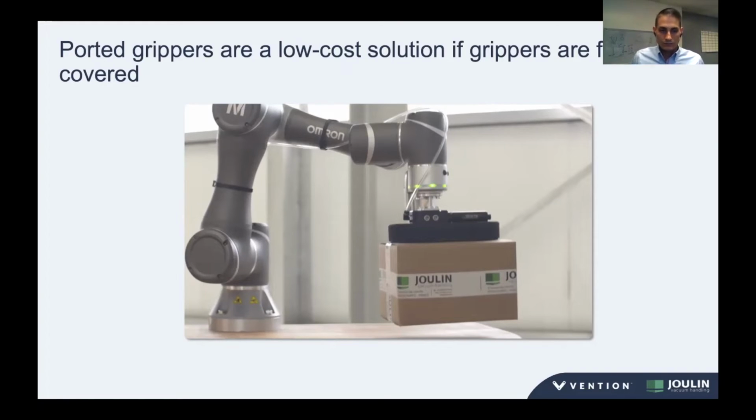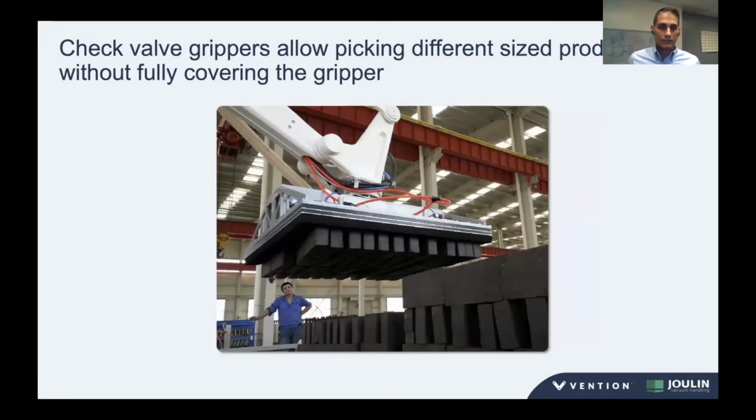Moving on to the next slide, you'll see a check valve gripper being used on a large palletizer. These grippers, again, are very unique because you can see this layer of bricks, and this is a very large gripper. We are picking a full layer of bricks, but there are a lot of areas uncovered underneath the gripper.